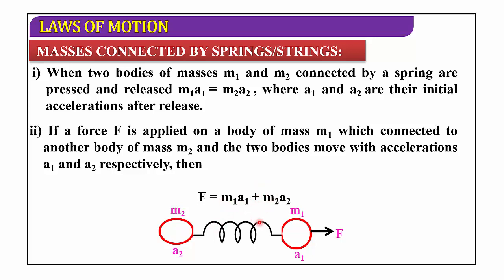If a force is applied on the body of mass M1, which is connected to mass M2, and the two bodies move with acceleration A1, A2 respectively, remember, when these two bodies are pressed and released, M1A1 equal to M2A2. When you apply force on M1, M1 is connected to M2 with the help of a spring, so we want a total force M1A1 plus M2A2, because these two bodies together are moving when we apply force.